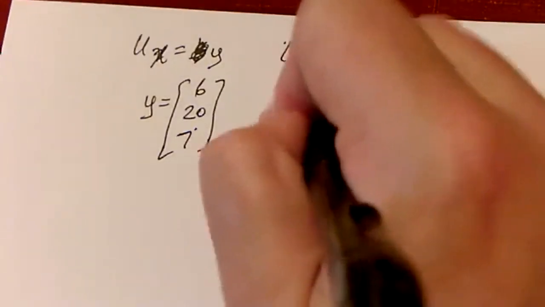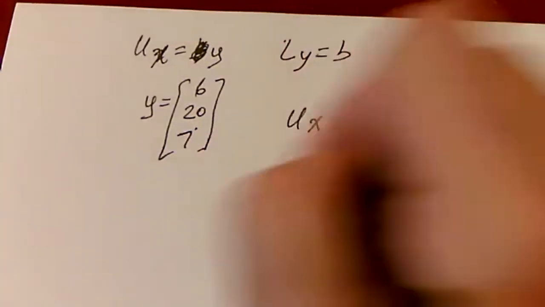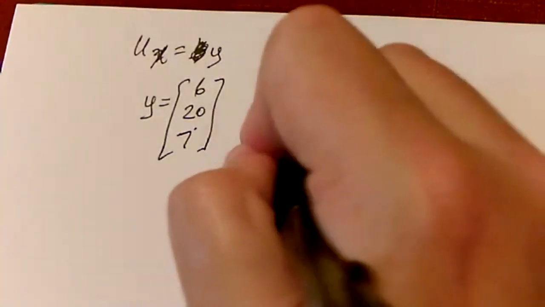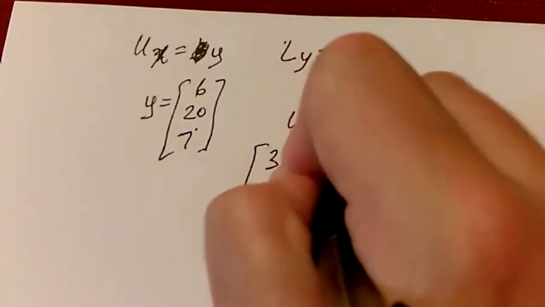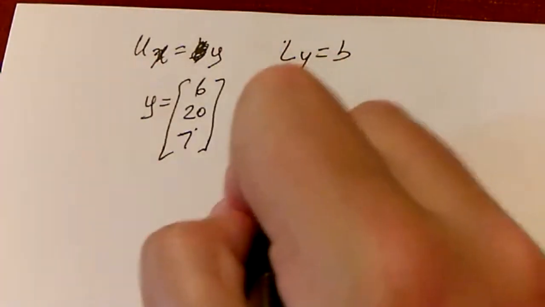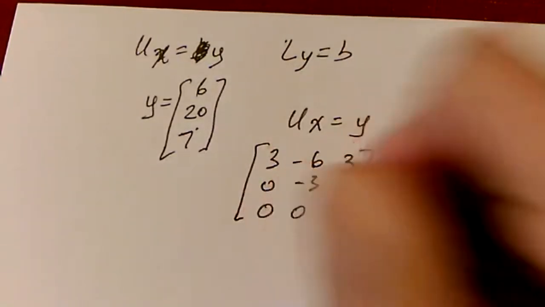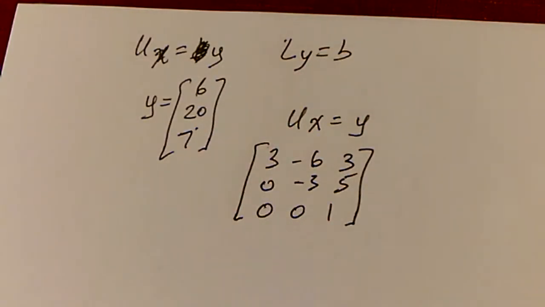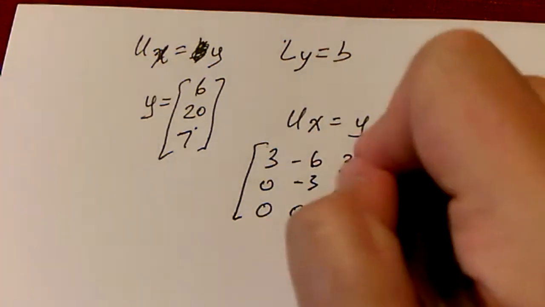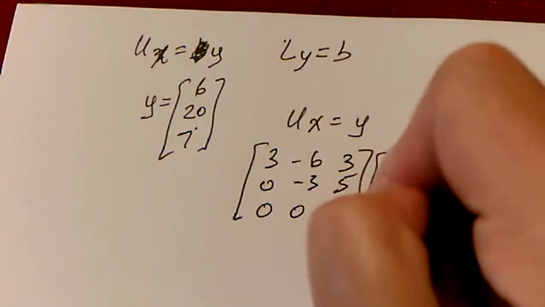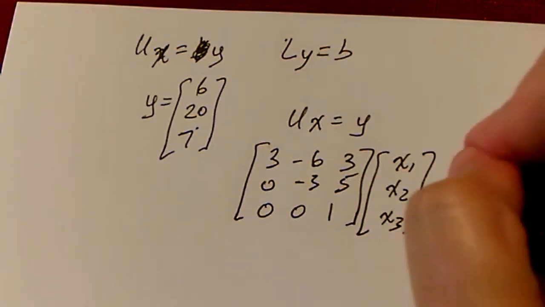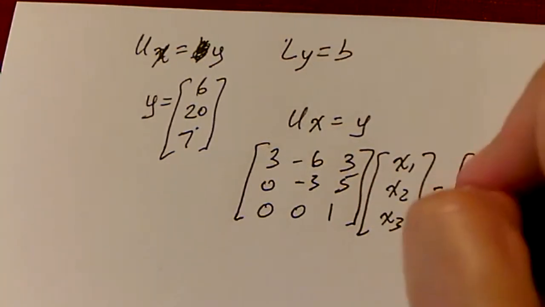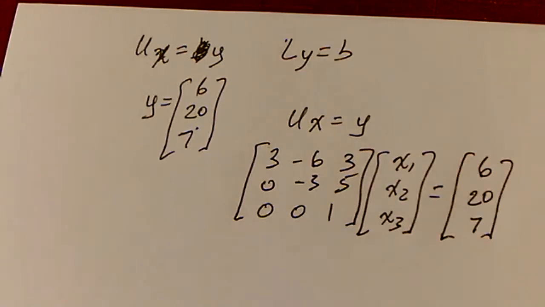Okay, so Ux equals y. We're going to have 3, negative 6, 3, 0, negative 3, 5, 0, 0, and 1. I remember we're setting that equal to x1, x2, x3. I got ahead of myself again. I said set equal to. Now we're setting it equal to our y vector, 6, 20, and 7.